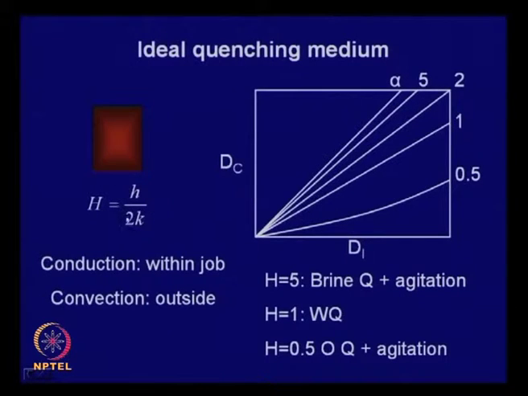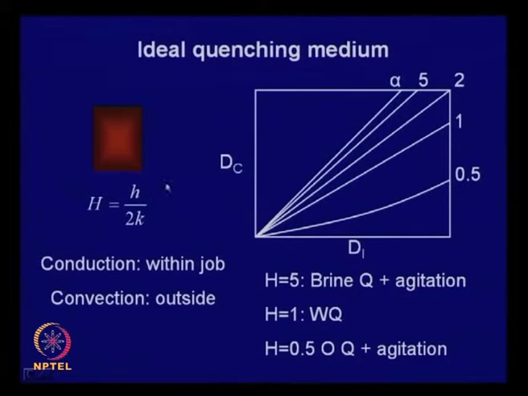And I will leave it to you to examine the dimension of this H, and you will find this dimension comes out to be 1 over length. In most of these heat treatment charts, people use inch as the measure of distance, where you can take that 1 inch is roughly equal to 25 millimeter.